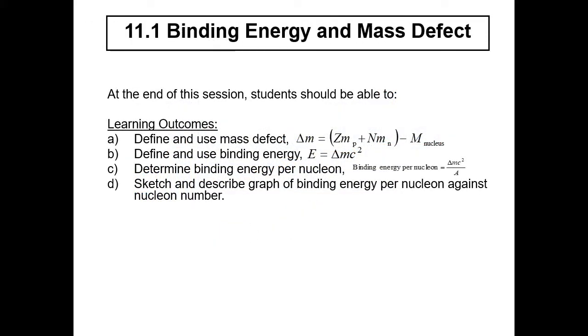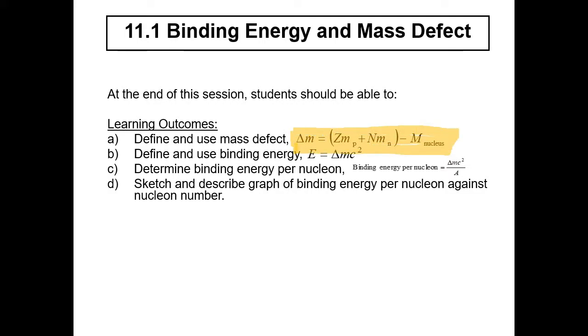11.1 Binding energy and mass defect. We have four learning outcomes. First, you need to define and use mass defect. The equation is delta M equals ZMP plus NMN minus M nucleus. This is a very important equation for you to know.